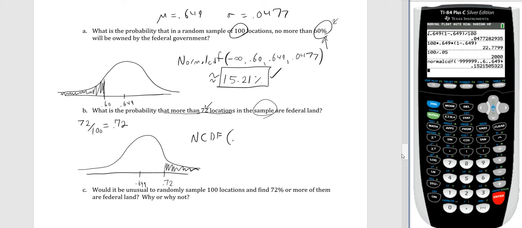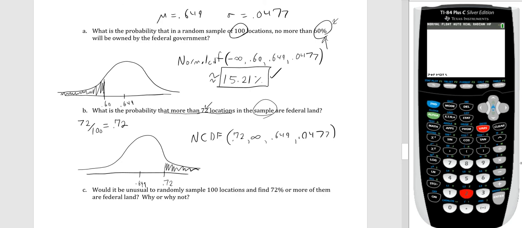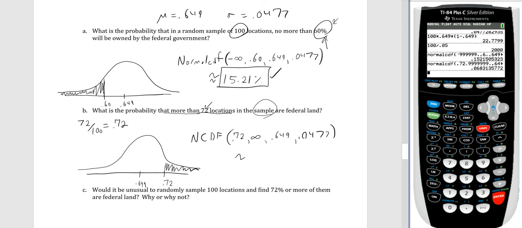We have 0.72 up to infinity, followed by 0.649 and 0.0477. So run this yet again. Those last two values should still be in there, so 0.72 followed by infinity, and we still have our mean and standard deviation as before. We get approximately, in this case, 6.83%.